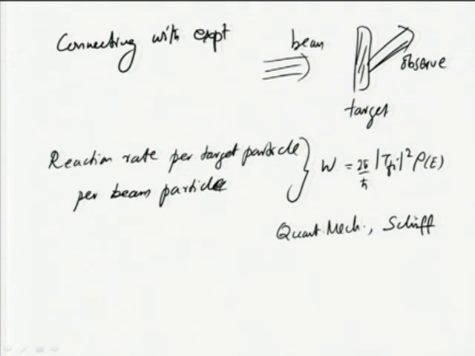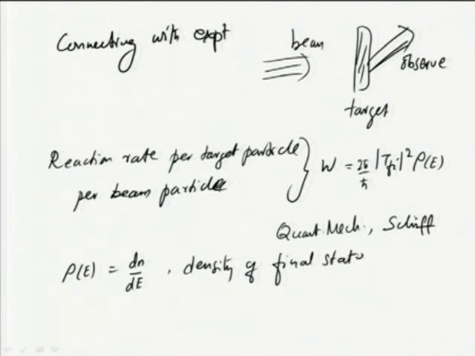Okay. So, here rho is basically the density of final states, the number of available states that this beam can go into, between energy E and E plus dE.